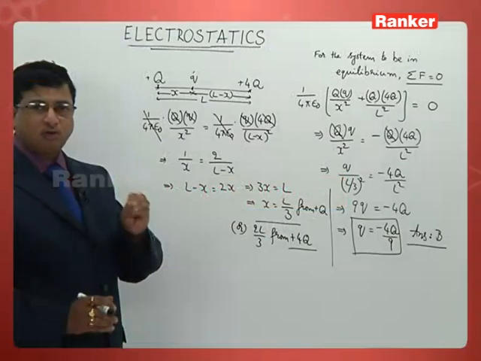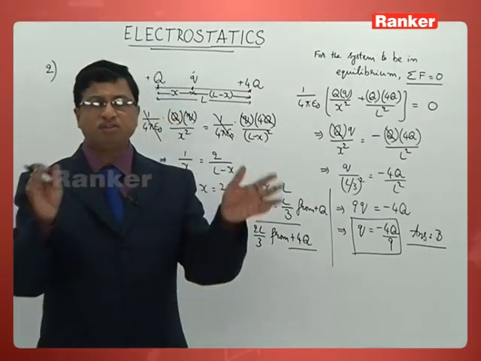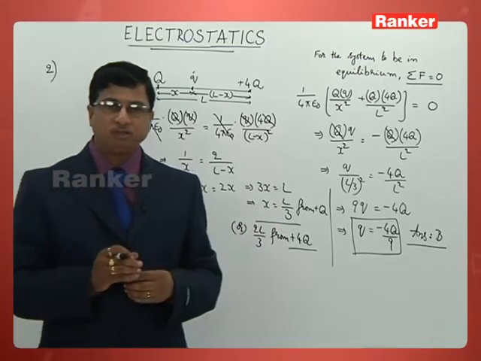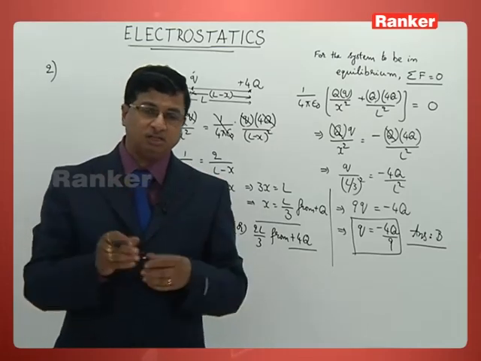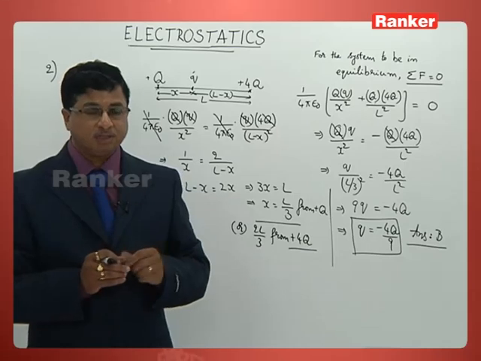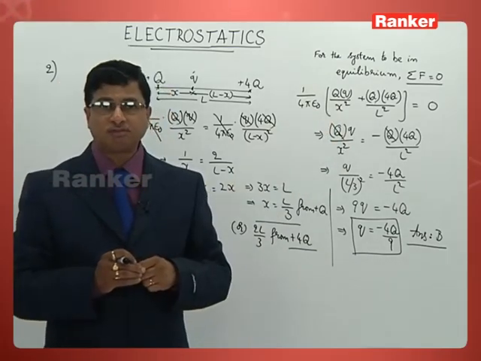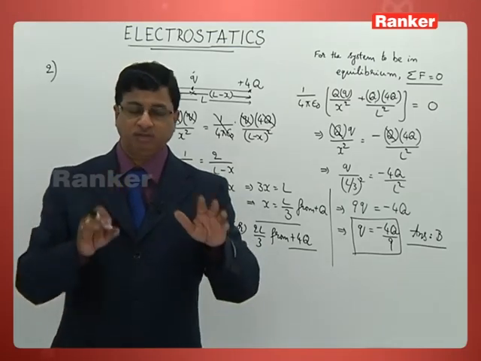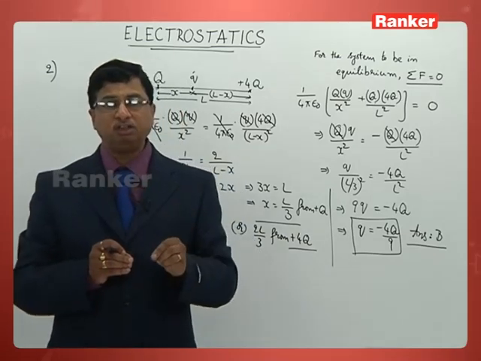But the only thing you should understand here is whenever a system of charges, maybe 2 charges or 3 or even more, is in equilibrium, then one should understand the algebraic sum of forces acting on any one of the charges should be 0.